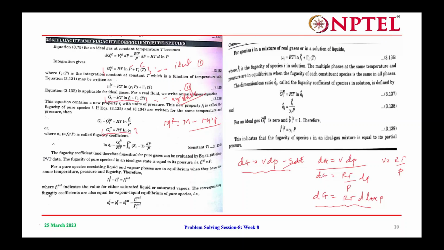So for a pure species, coexisting liquid and vapor phases are in equilibrium when they have the same temperature, pressure and fugacity. Therefore fi with superscript L equals fi with superscript V equals fi saturation. Similarly, the fugacity coefficient is also equal at equilibrium condition.